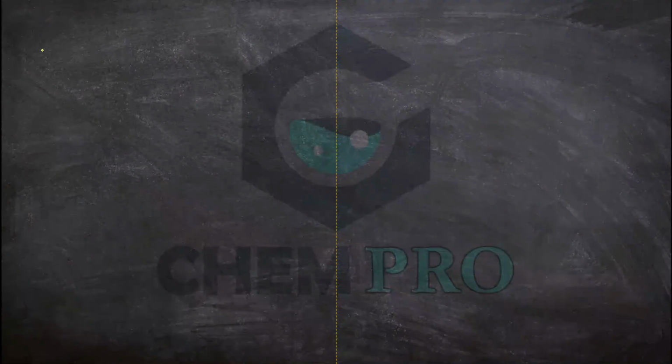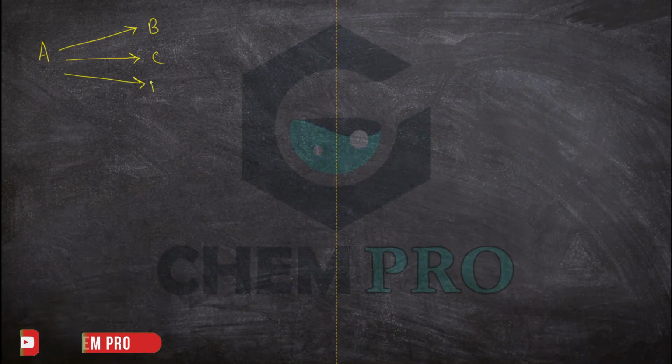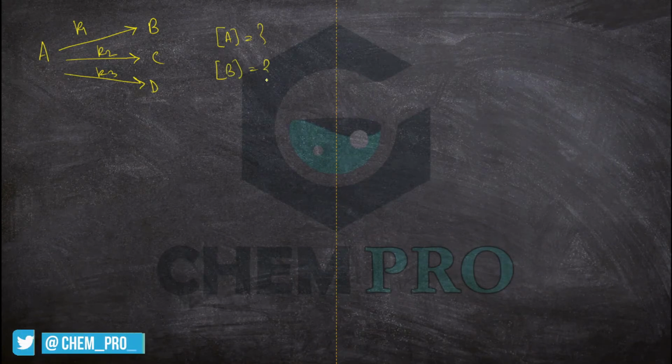If the reaction is given such that A is converted into B, C and also D, and the corresponding reaction constants are K1, K2 and K3, we have to find the concentration of A and the concentration of B. So now what will we do?